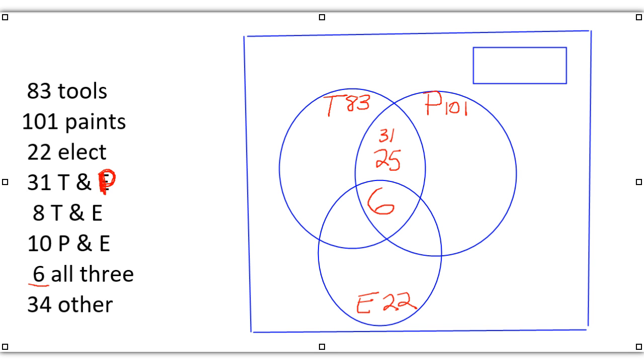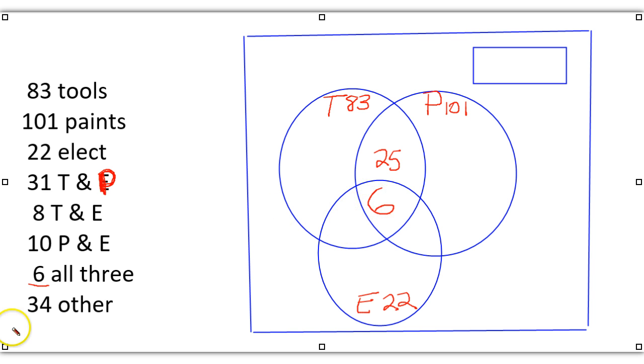So I will erase now the 31. Together, this is 31. Now we're going to look at the T and the E.